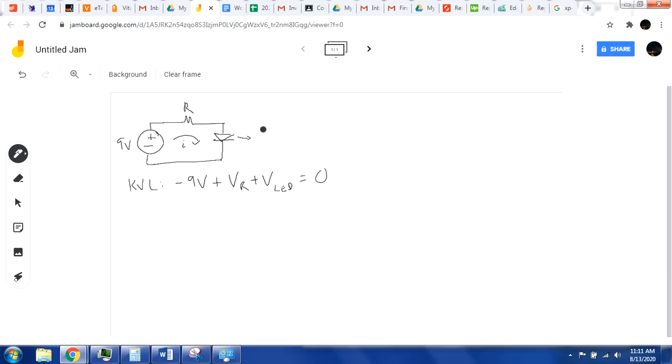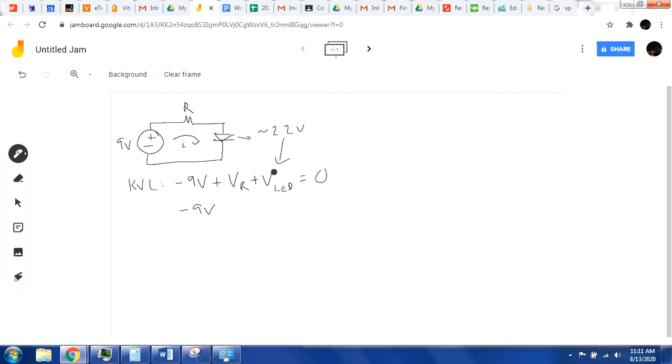The LED I'll talk about in a little bit, but I think in your kit I've given you either a red or a yellow LED. So we're going to assume the voltage drop across that is 2.2 volts, and we can substitute that in.